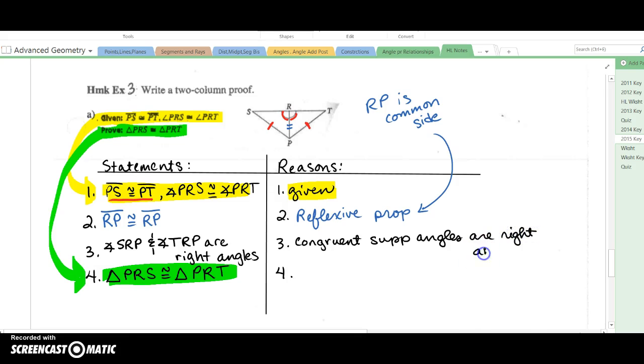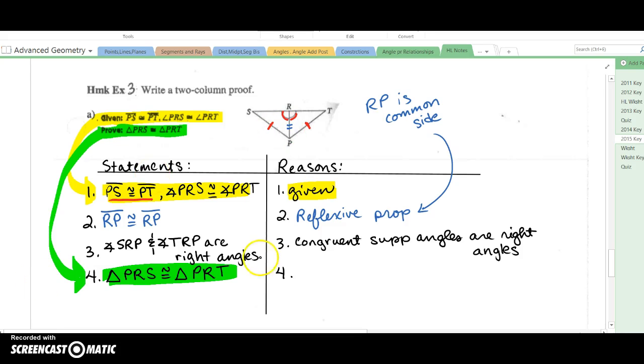This is not a theorem or postulate that we've explicitly stated before, but I think we have alluded to the fact that anytime you have two angles that have to be the same amount and have to add up to 180, well, of course, 180 divided by 2, they're each going to be 90 degrees.